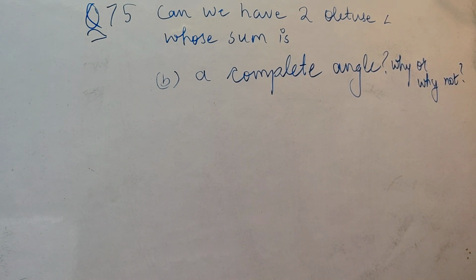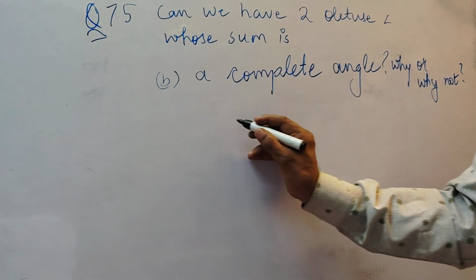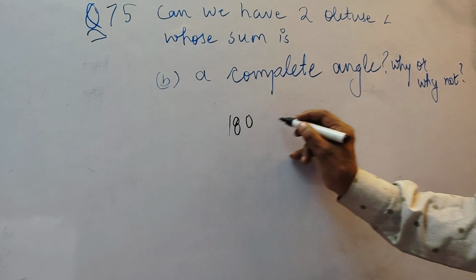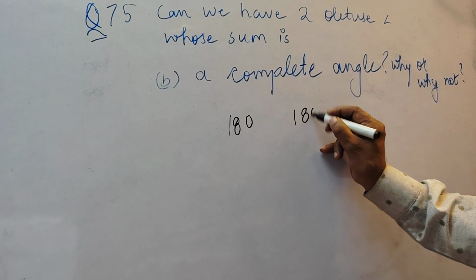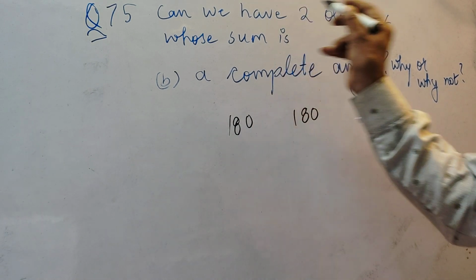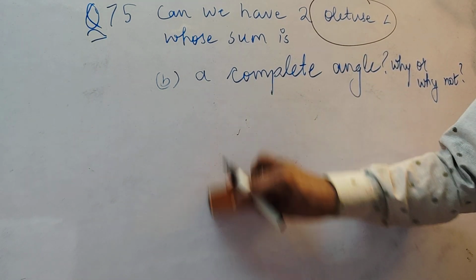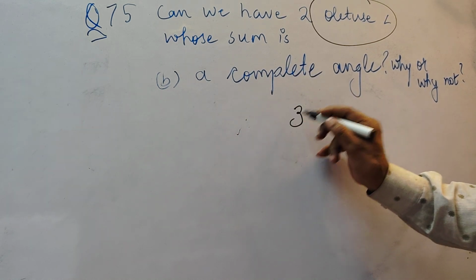I don't think that's possible. It is not possible because if we take more than 180, it is not an obtuse angle. If we take smaller than 180, it is not possible to get a sum of 360.